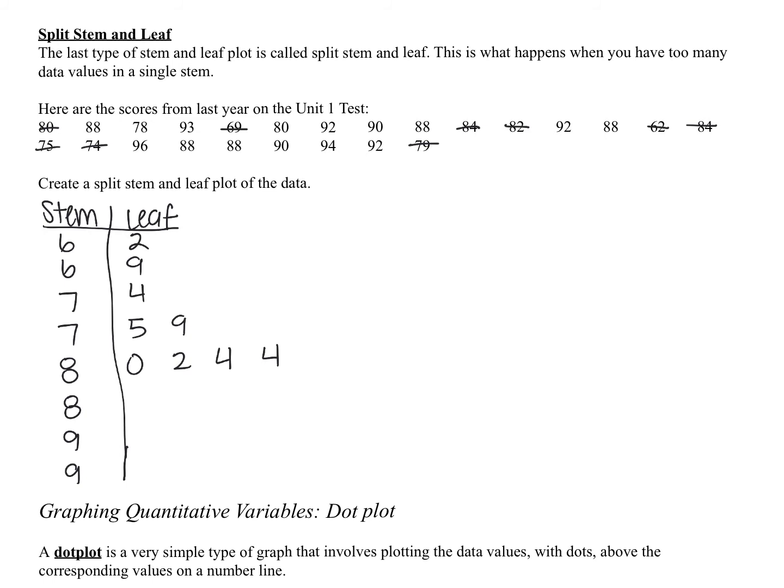I missed a 78. So we have a 78 and a 79. This is why I like to cross the numbers off to make sure I don't miss any. All right, next we're going to move to 85 to 89. And I missed a second 80. Let me fix that.